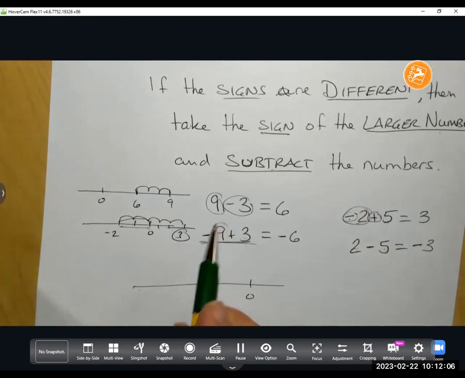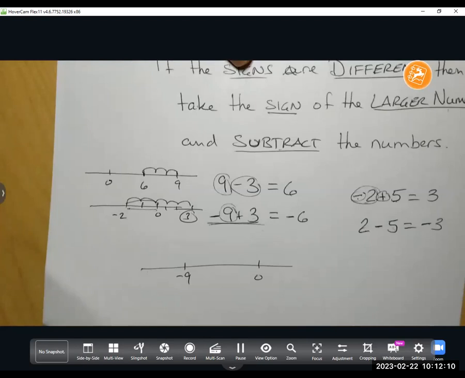Go to the left 9 spaces. Then I go to the right 3 spaces. 1, 2, 3. So that's -8, -7, -6. It makes it easier.